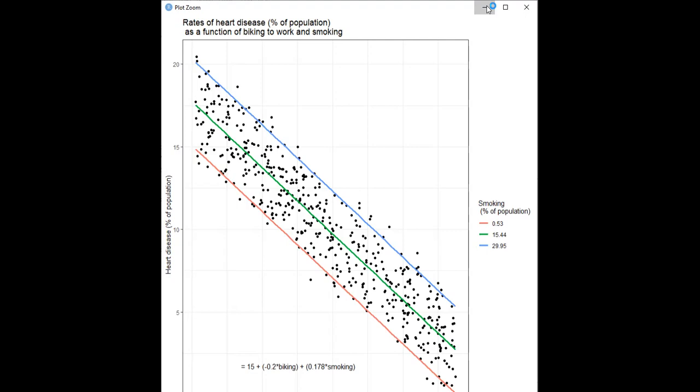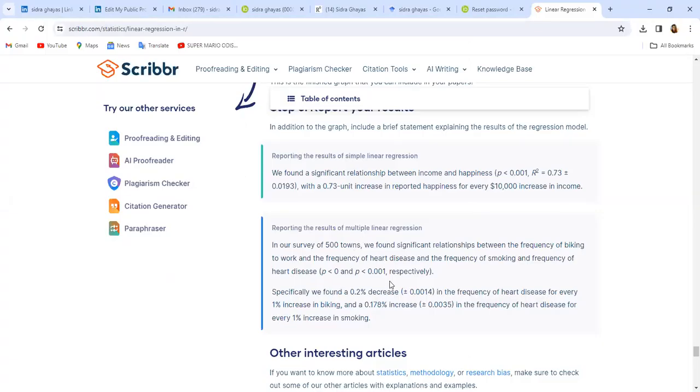So in the last part of the discussion, the results of the data sets are rewritten, which are the same data sets from our survey, that there are 500 towns, and we found a significant relationship between the frequency of biking to work and frequency of heart disease. The frequency of smoking and heart disease is reported with a very small p-value, which is less than 0.001.